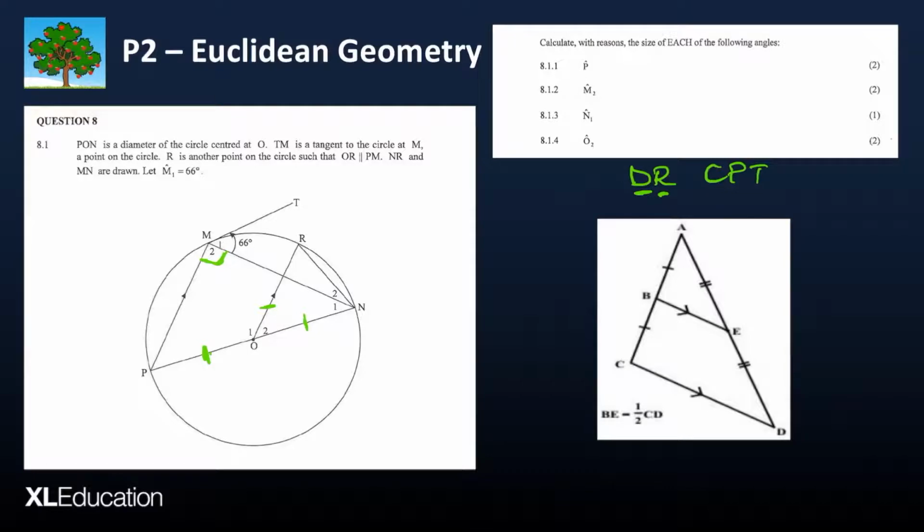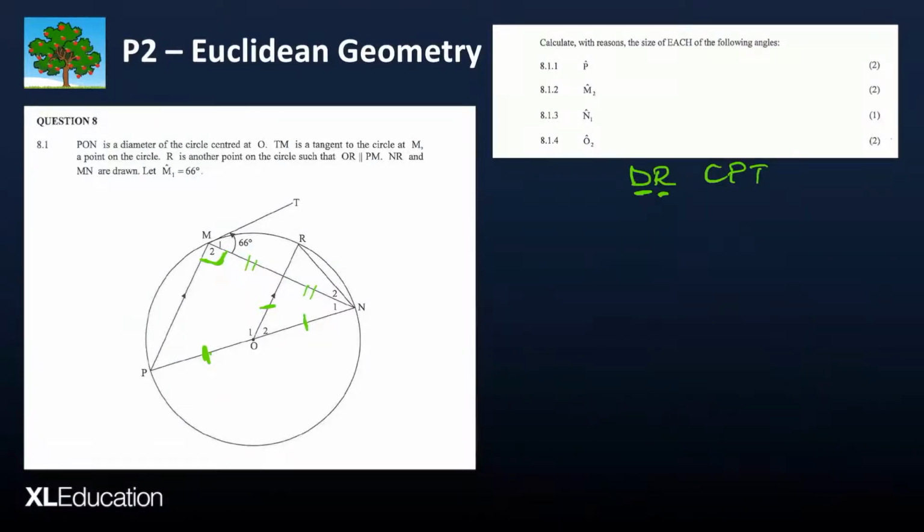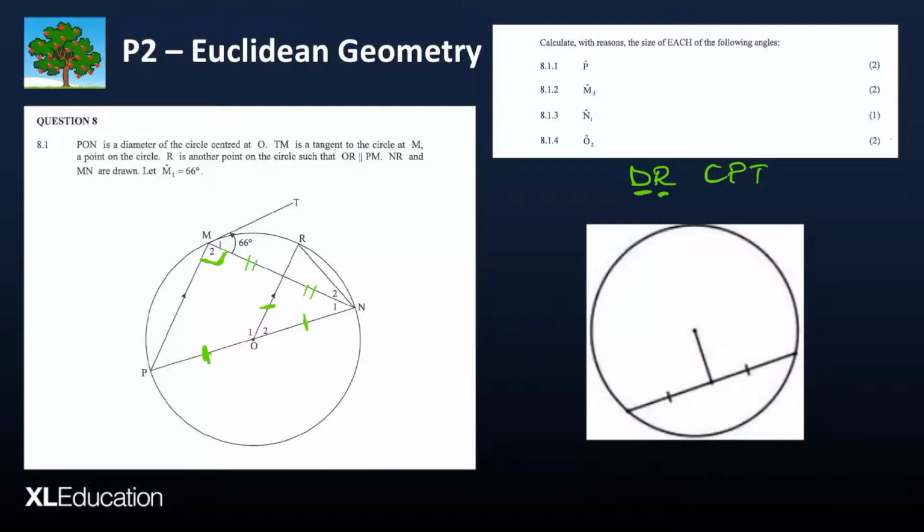Therefore, if we have O as the midpoint and these two lines are parallel, it means that these two lines are also equal. Because of that, this theorem will inform you that there is a right angle here. This angle here is 90 degrees because these two lines become perpendicular to each other.